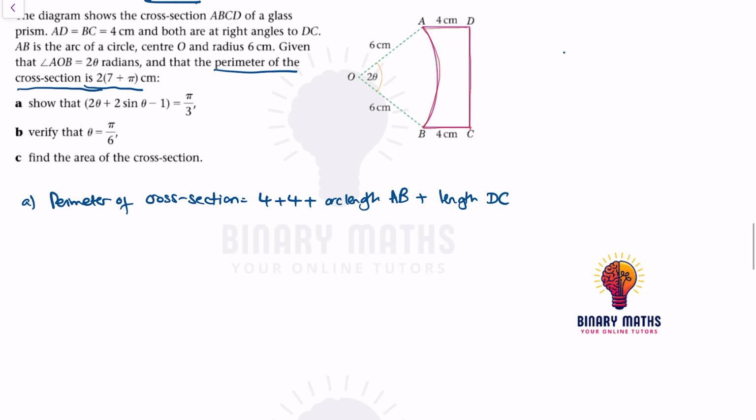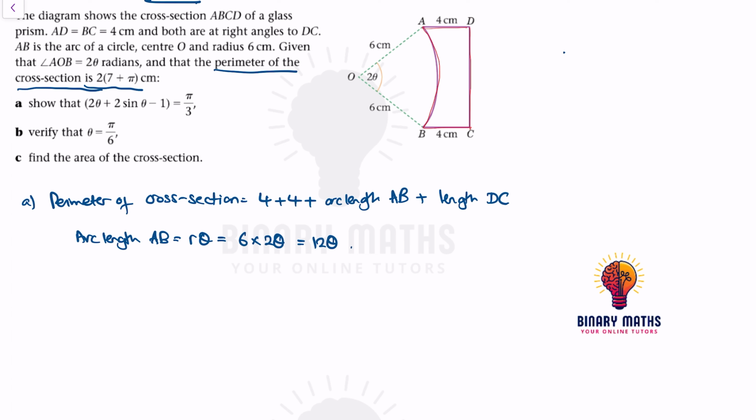Okay, so first let's work out the arc length of AB. Arc length AB is equal to r theta, which is 6 times 2 theta in this case, which is equal to 12 theta.